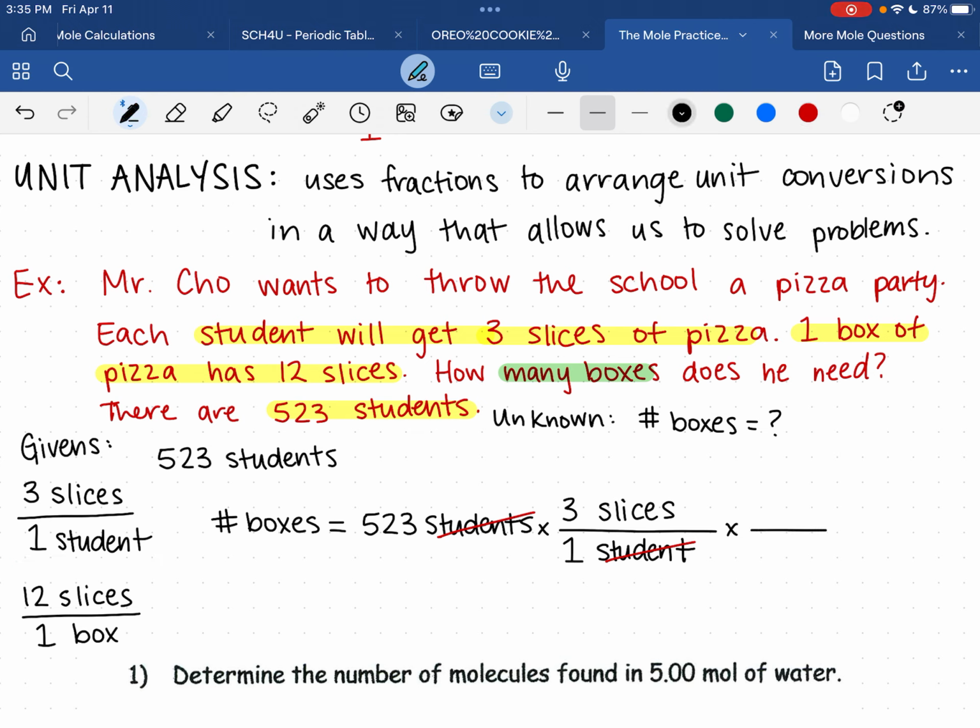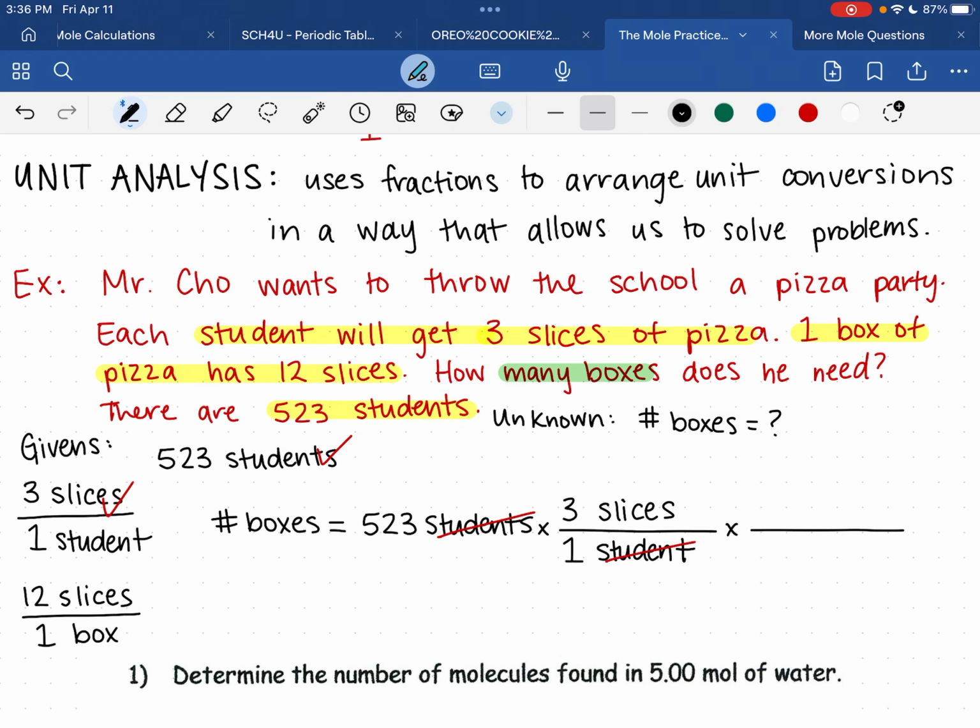Now the next part, we have another fraction we need to look at because we're not quite there yet. See how we're at slices now? Slices hasn't canceled with anything. We're looking for boxes and we're only at slices right now. We've used this one, and we've used this one. Now this one is our last conversion factor.